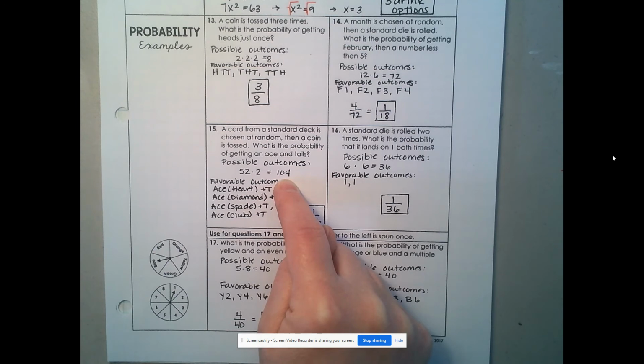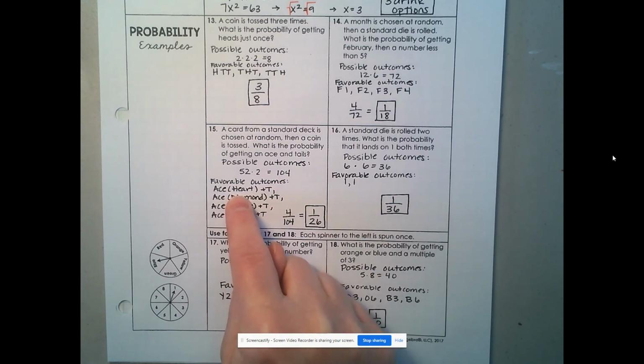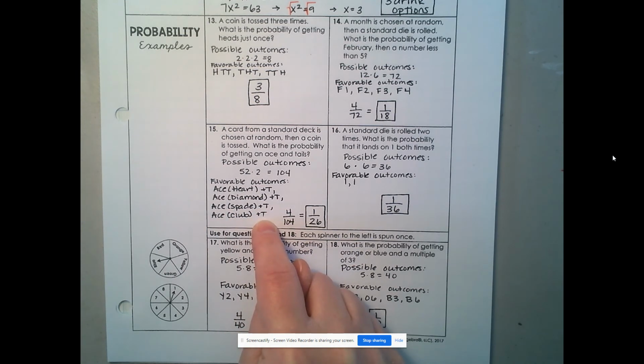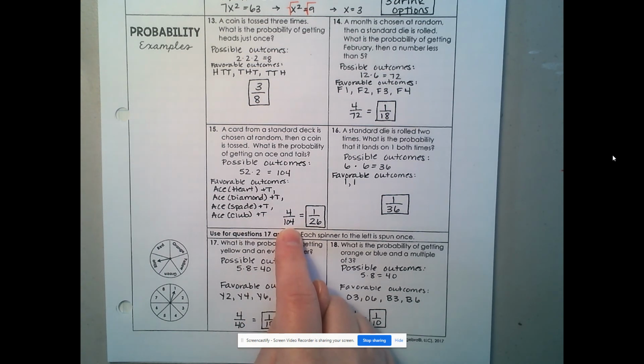Well, if I want an ace with tails, there's an ace of hearts with tails, ace of diamonds with tails, ace of spades with tails, and ace of clubs with tails. That's why we would need to know what the suits are, what the colors are, what the face cards are, what does a color look like, what does a suit look like. 4 possible favorable outcomes out of 104, or 1/26th in lowest terms.